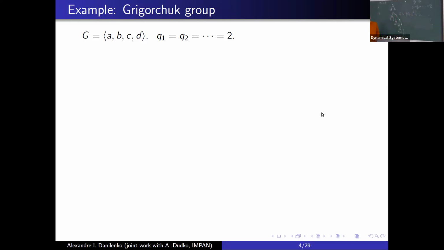So this will be my generator b. Generators c and d look in a similar way, but c corresponds to flip, identity, flip, and d corresponds to identity, flip, flip.